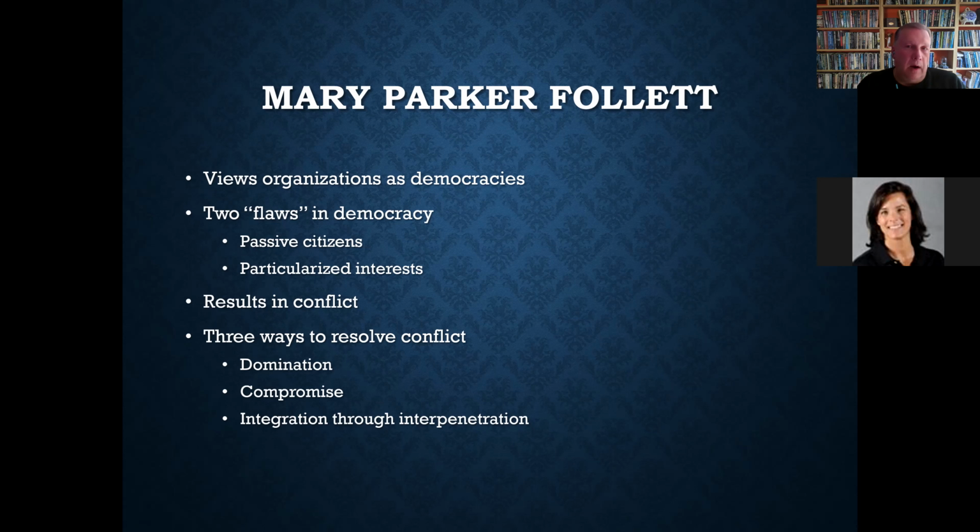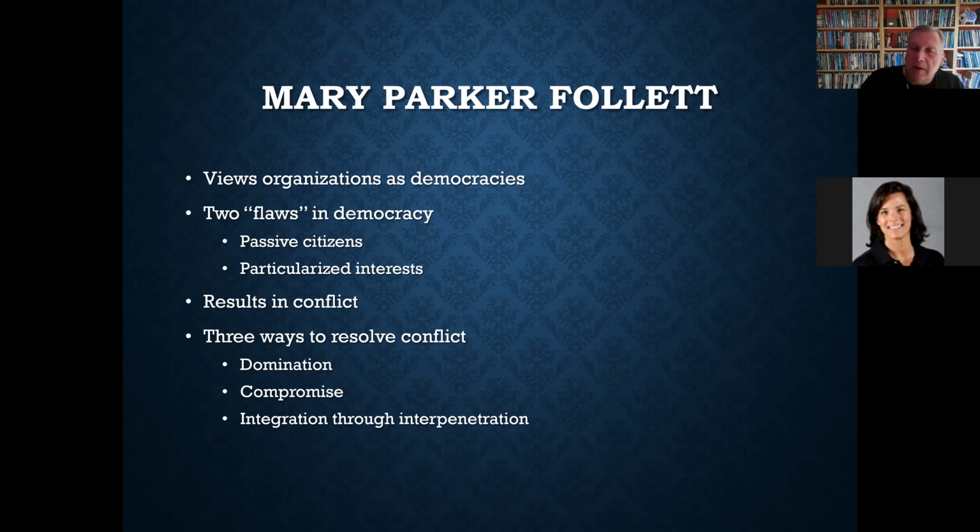Mary Parker Follett argues to us that the most appropriate way for us to structure and run our organizations is to think of our organizations like democracies. And she likened running an organization to operating a democratic form of government. She really viewed our organizations from a democratic type of perspective.